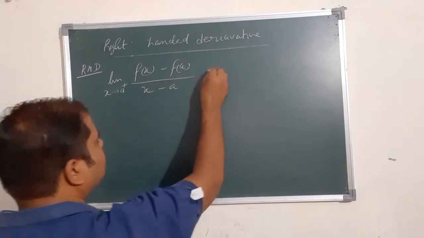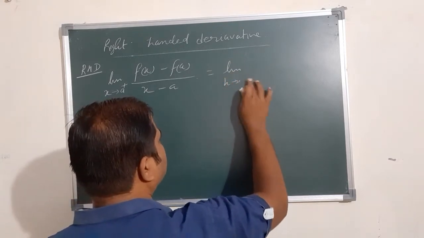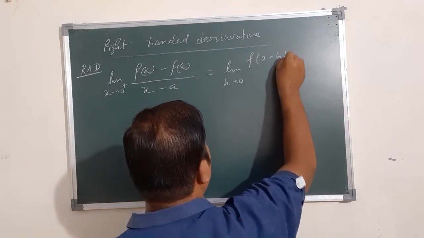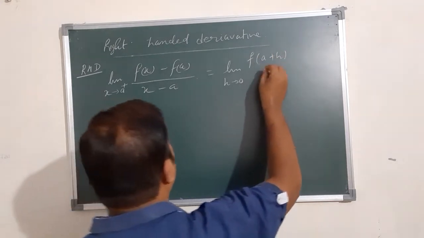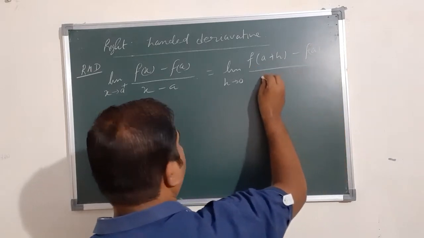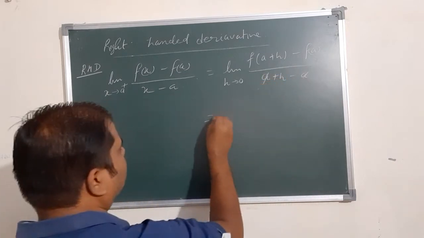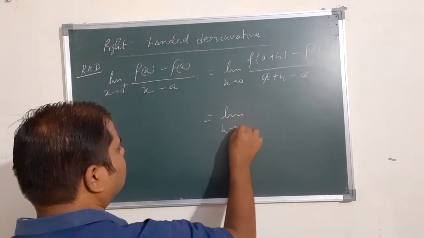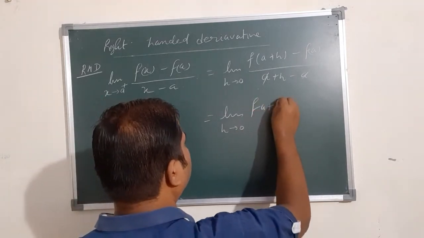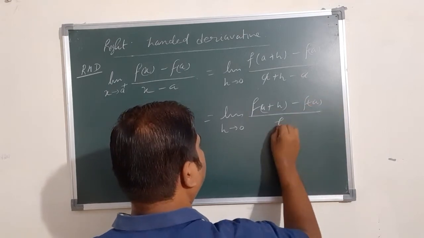So this becomes limit h tends to 0 of f(a plus h) minus f(a) divided by (a plus h minus a). This is cancelled out. So limit h tends to 0 of f(a plus h) minus f(a) divided by h.